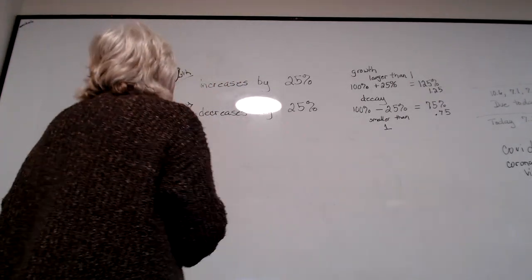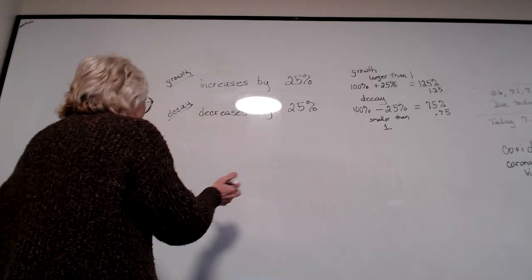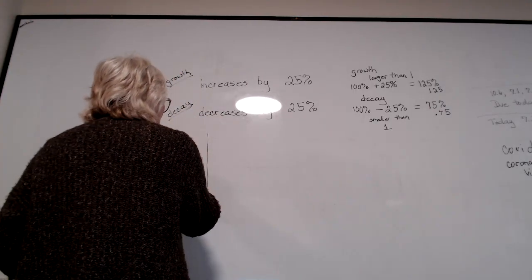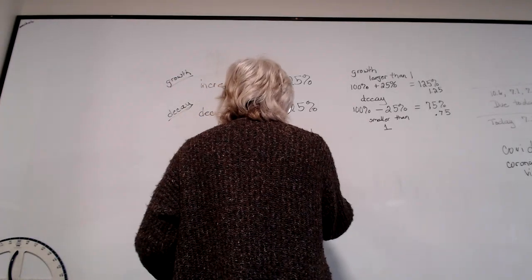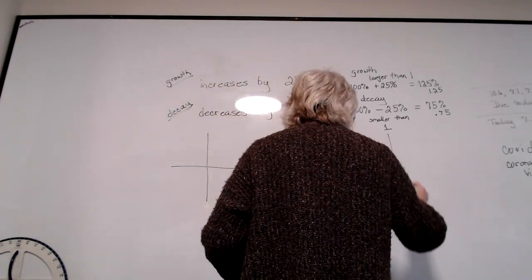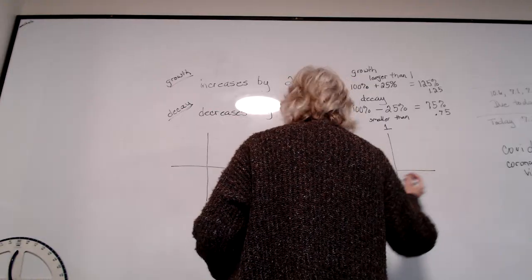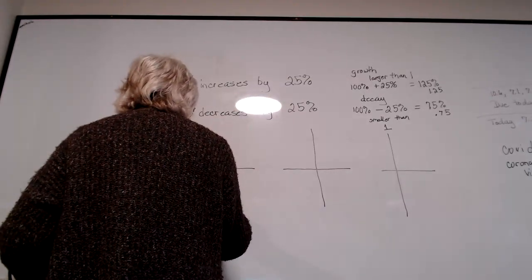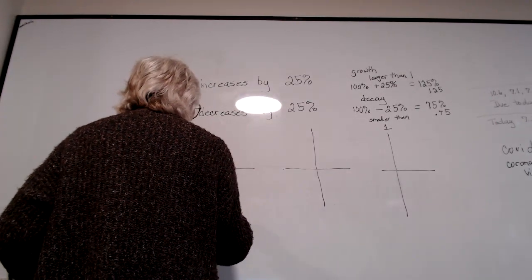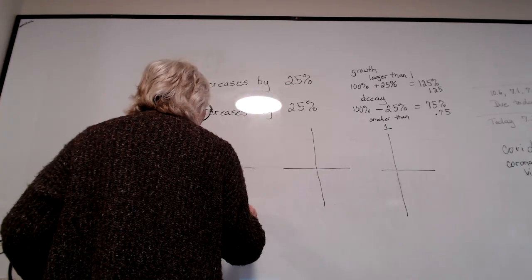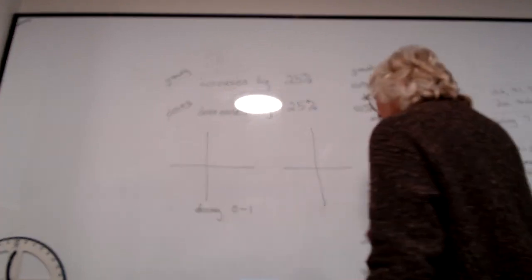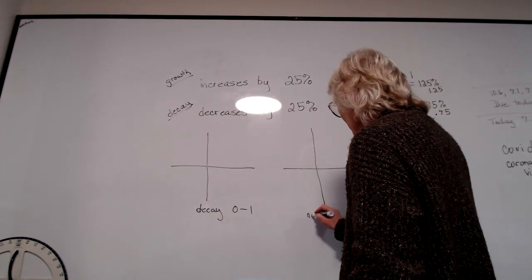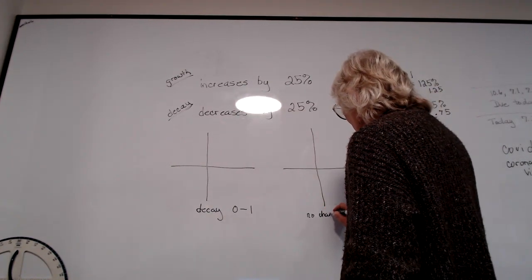Okay, the last thing is looking at graphs, the different types of graphs you will get. We're going to start with the decay function, which is between 0 and 1, fractional exponents. Then we're going to do a no change function.